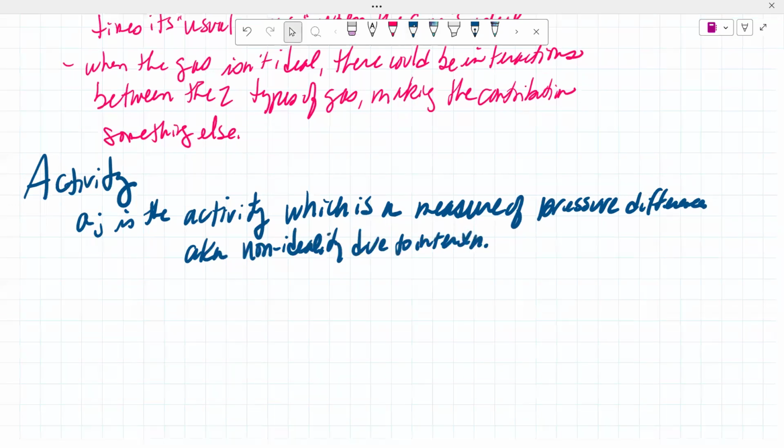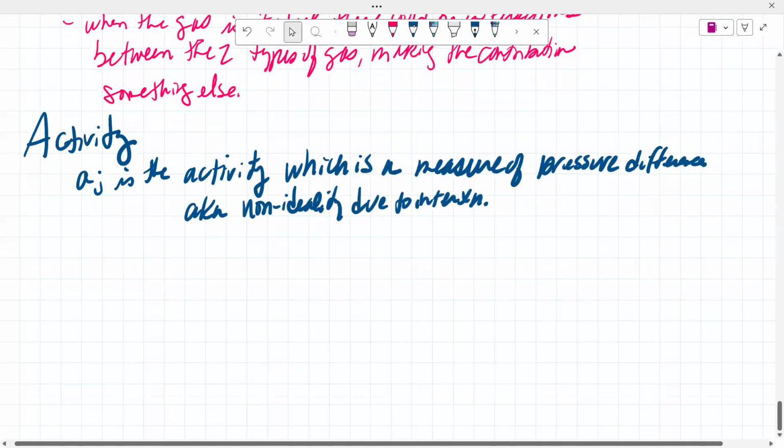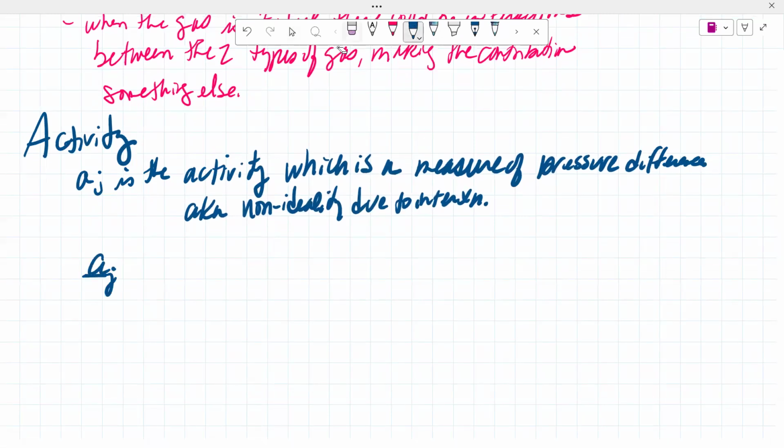Okay, that's what we're talking about. a_J equals P_J over P_J star.